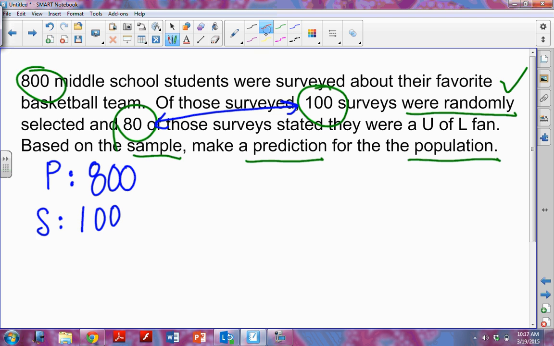Now we're going to do what I love to use, which are proportions. So I'm going to draw my one little proportion line and my other proportion line. So I'm going to do all of my samples on one side, so I know that my sample is out of 100. So I'll just make a note that this is my sample side. And then I've also got my population. I'll write that in another color. So my population is out of 800, and I'll note that for you.